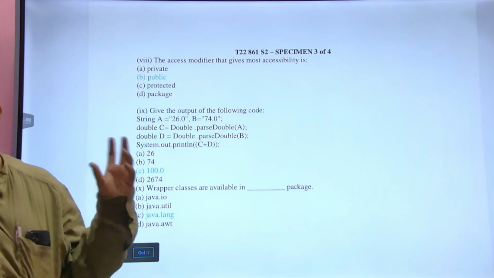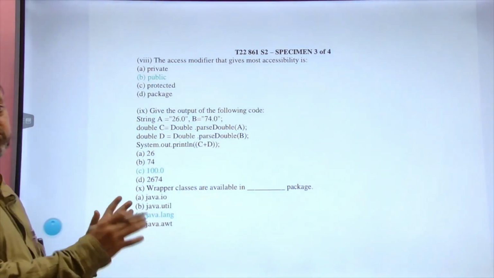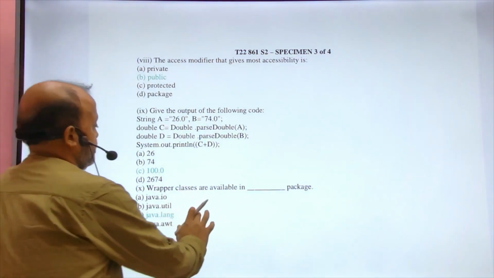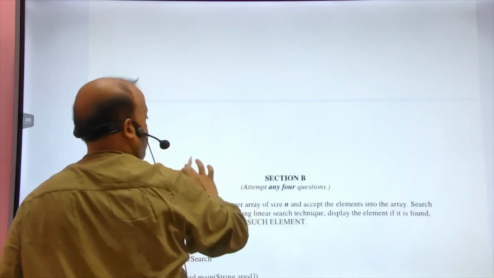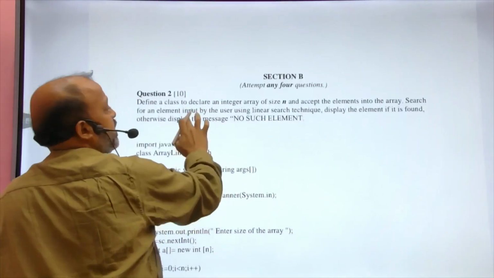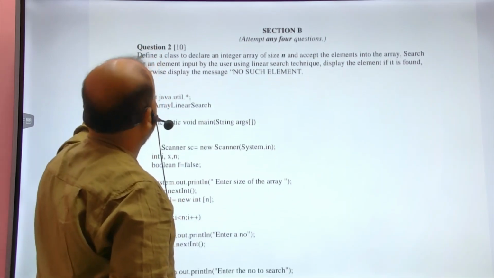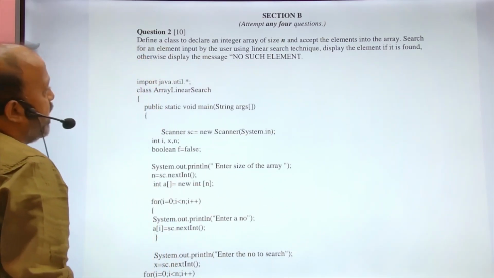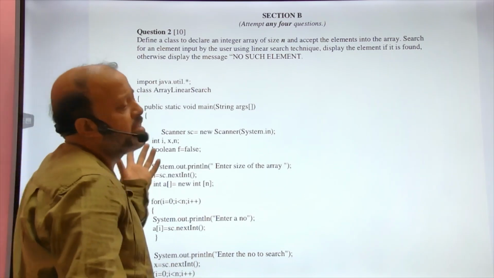I will not take much time in the programming part also, because it is already solved, so that less of your time is used to see this video. Now in section B, one thing you note: you don't have to write any variable description or comments, just the program. Right. So the first one, define a class to declare an array of size n and accept elements into the array, and then you have to do a linear search.